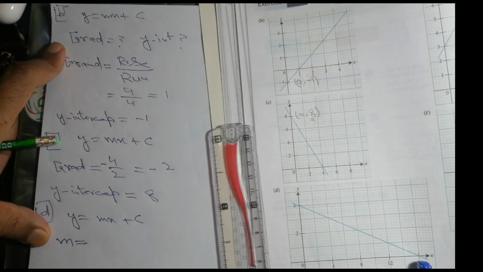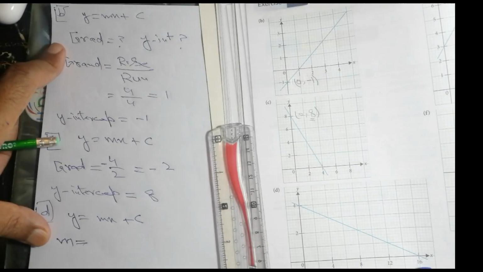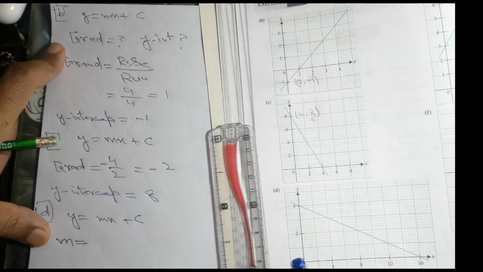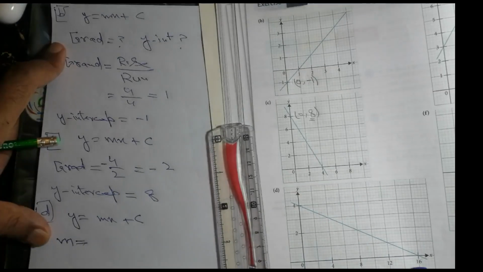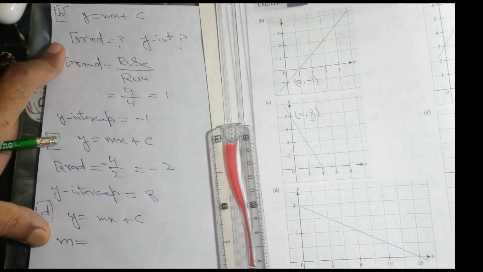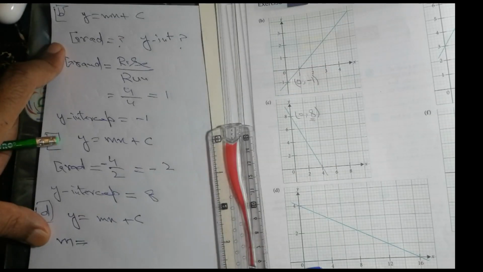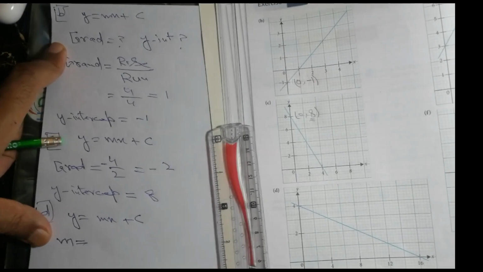So whatever unit is mentioned on the graph, we will take that unit, 4 by 16, because in this case 1 centimeter is not taking 1 unit, actually 1 centimeter denotes 2 units, because 2 centimeter equal to 4, so 1 centimeter equal to 2 units.